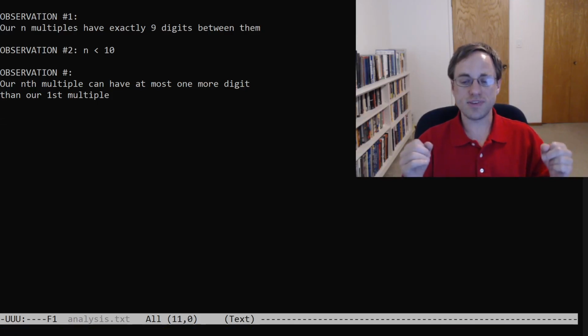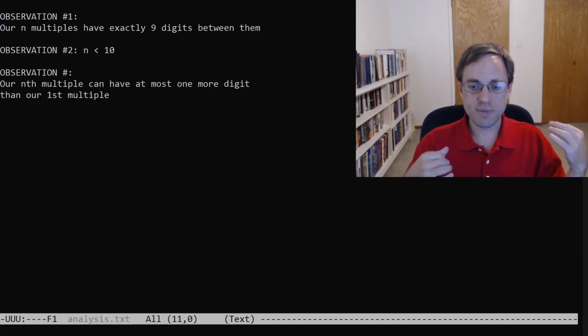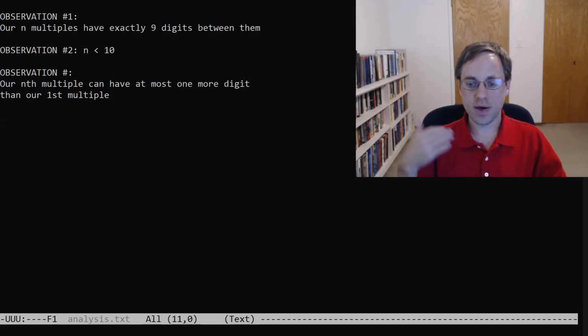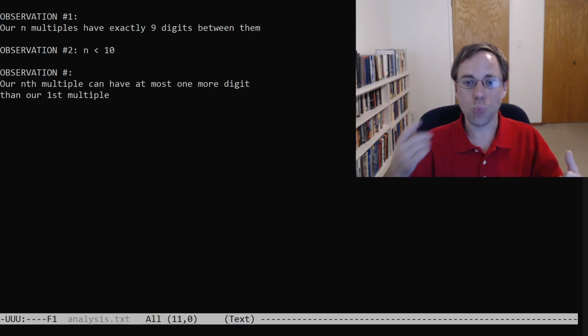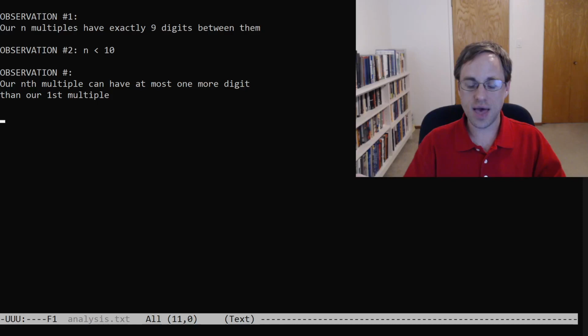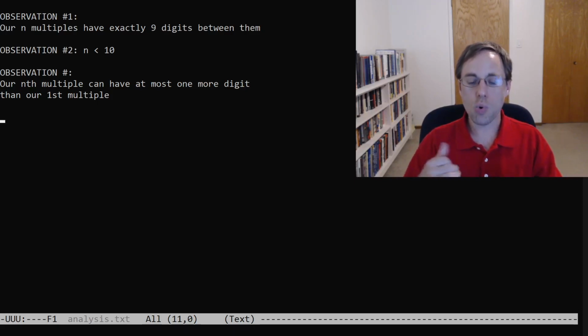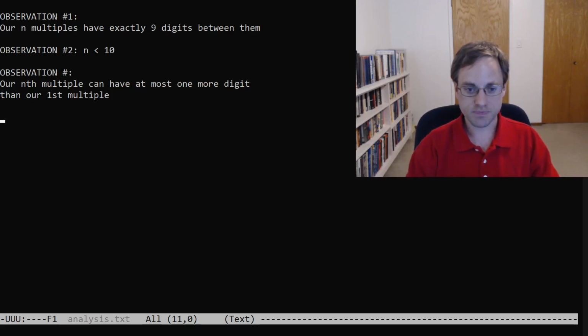And to see why this is, consider that when we multiply our first multiple by 10, the result has exactly 1 more digit. And since we have at most 9 multiples, we know that all of our multiples have to be smaller than that. And so they either have to have the same number of digits as our first multiple or 1 more than that.